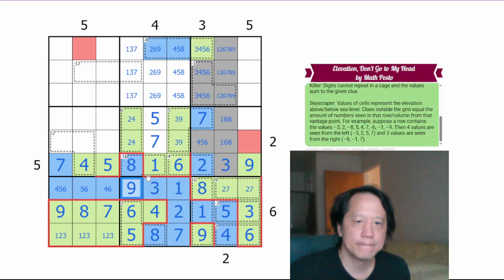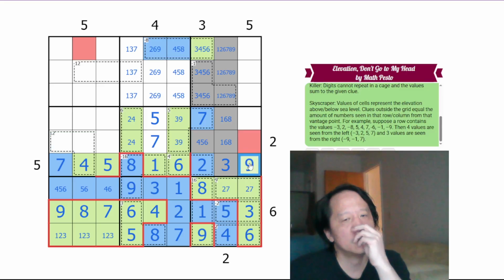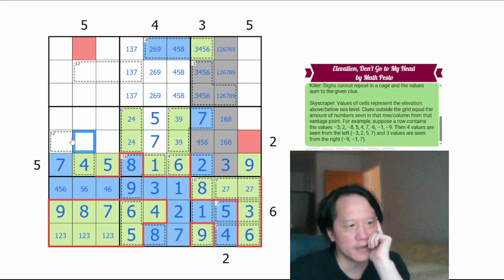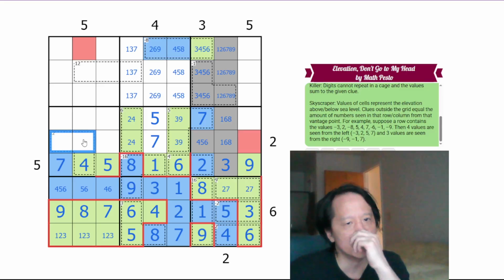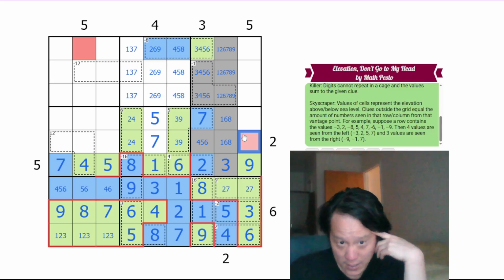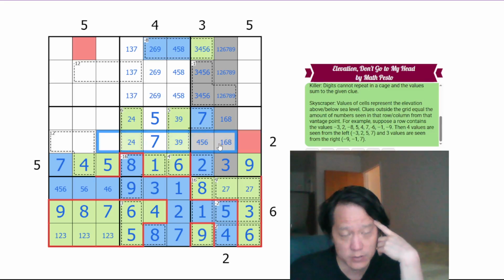Interesting. If this is land, we have to see that. Okay, so if this is land and water, it would have to be 9 and 1. We would definitely see this land. We would have to see that land, and everything in between would have to be blocked.